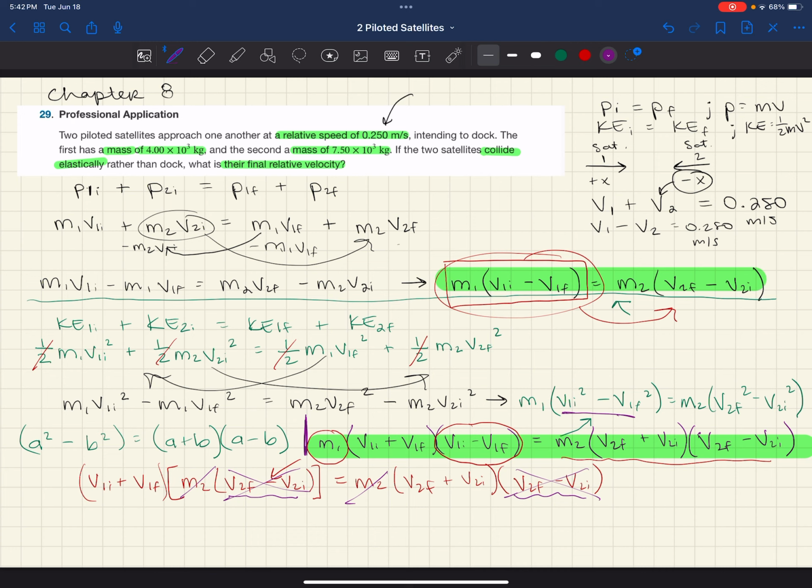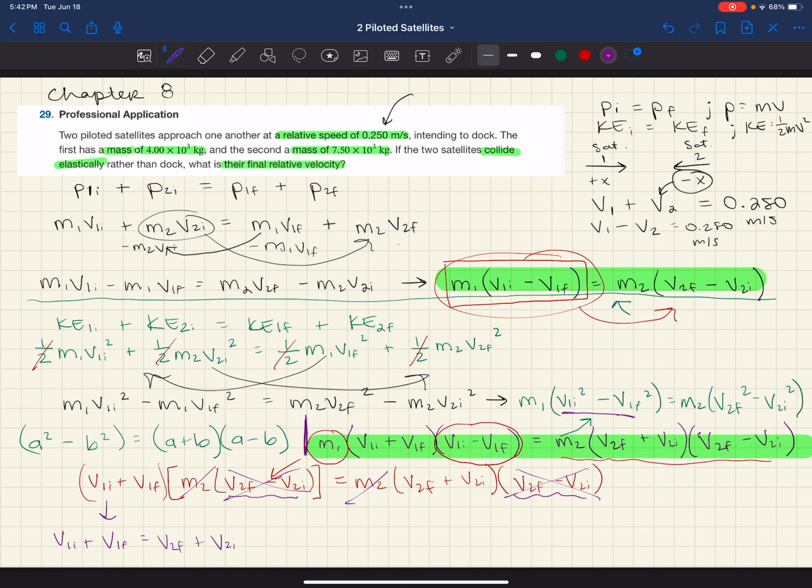Then the only part of this equation I will be left with is v1i plus v1f equals v2f plus v2i. And that shows us that for object number one, the initial and final velocities added together will be the same as the initial and final velocities added together for object 2, or for these satellites.